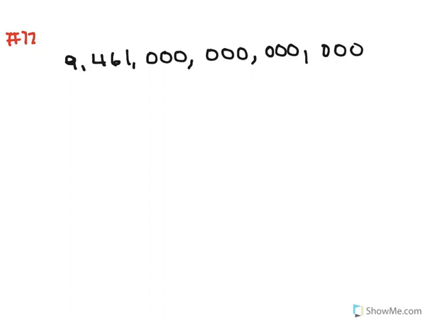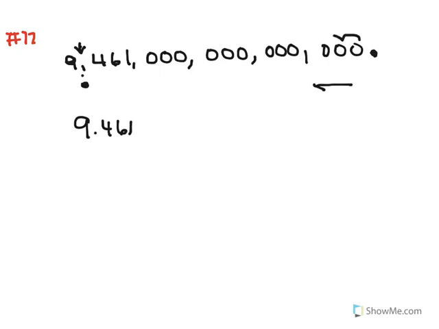Okay, so let's represent this number, very, very large, in scientific notation. So what you're going to do is your decimal point is right here, and you're going to take it all the way to the left until you get right here. Yes, because right here is where I have my number between 1 and 10. So that would be 9.461. And then we have to count the number of moves.